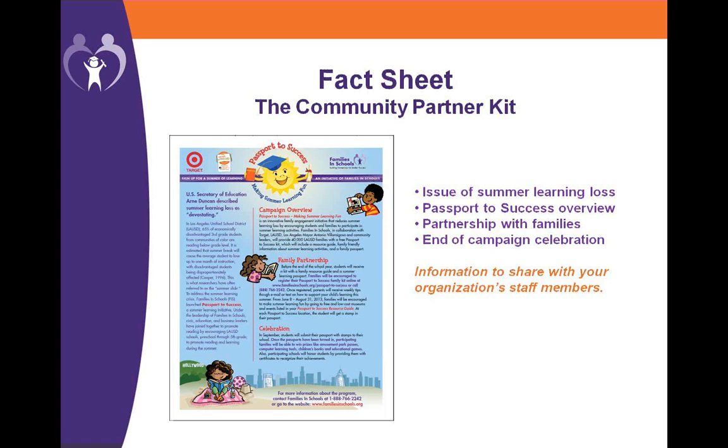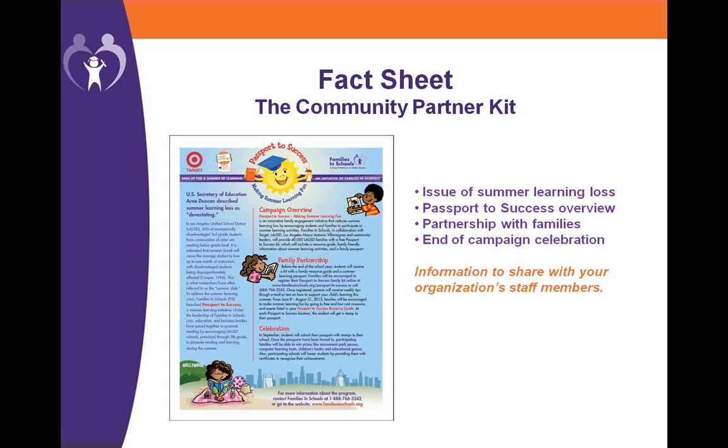All right, so let's look at some of the pieces of the Community Partner Kit a little more closely. The fact sheet will essentially share the issue of summer learning loss, which I referenced earlier. It will give an overview of the Passport to Success campaign. It will talk about how the campaign partners with families to be successful, and then reference how schools and families can celebrate the campaign.